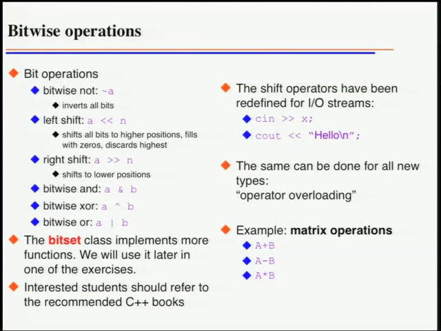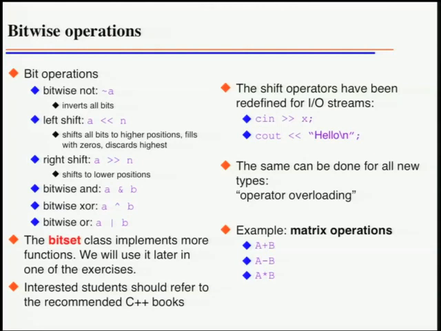One notable thing is, originally these double arrows were bit shift operators. Now for I/O streams, these are redefined or overloaded to be used for input and output operations. So this thing here does not do a bit shift operation on the output stream, but writes something, the string here, into the output stream.